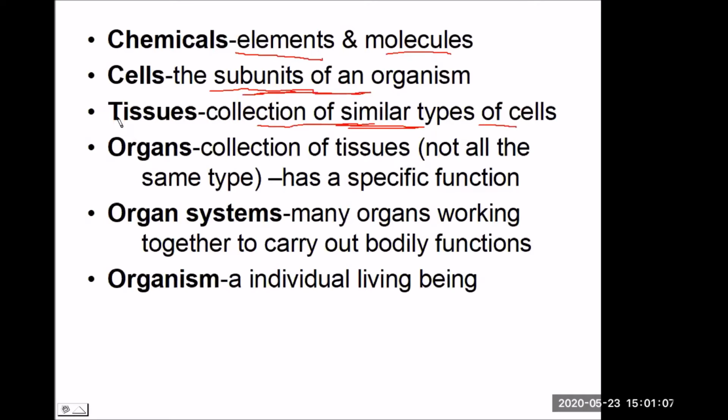And now multiple tissues unite to make an organ. So we notice the definition here. An organ must have a combination of different types of tissues. In fact, there has to be a minimum of at least 2 different types of tissues. 2 different types of tissues come together to make a very simple organ.